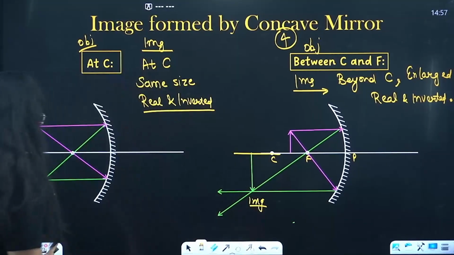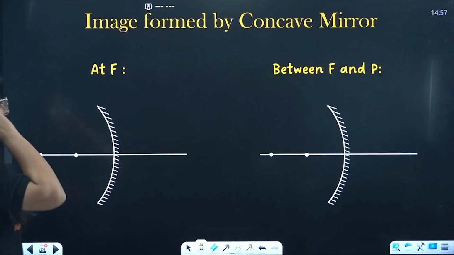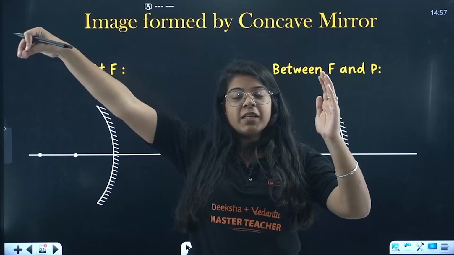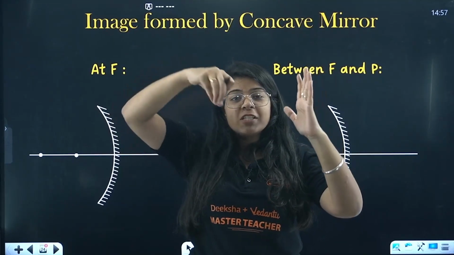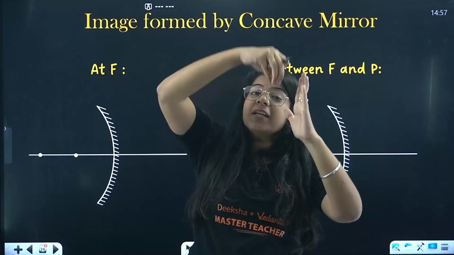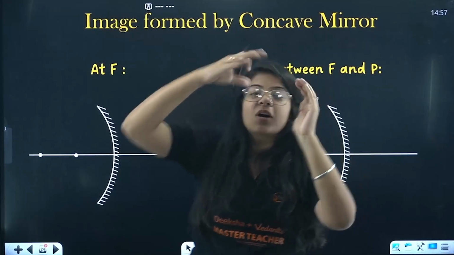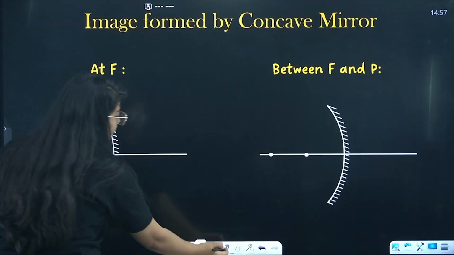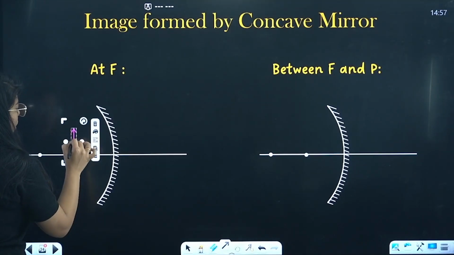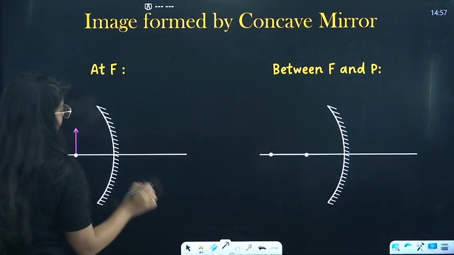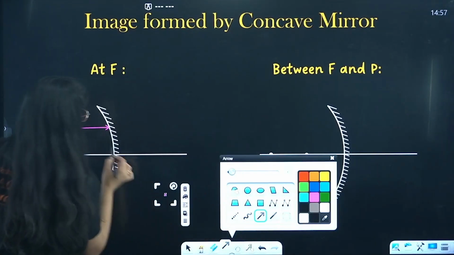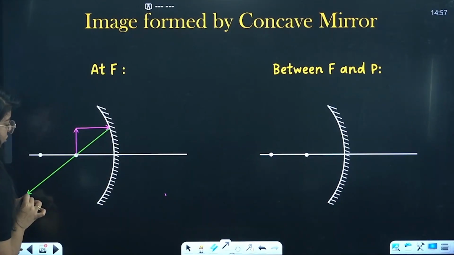Okay, next case, beta, our 5th case. Again concave mirror: object at infinity, object beyond C, object at C, object between C and F, and now object at F, at the focus. So now, beta, your object is on the point of focus. Again, one ray will go parallel, and after reflection this will come back and pass through focus.